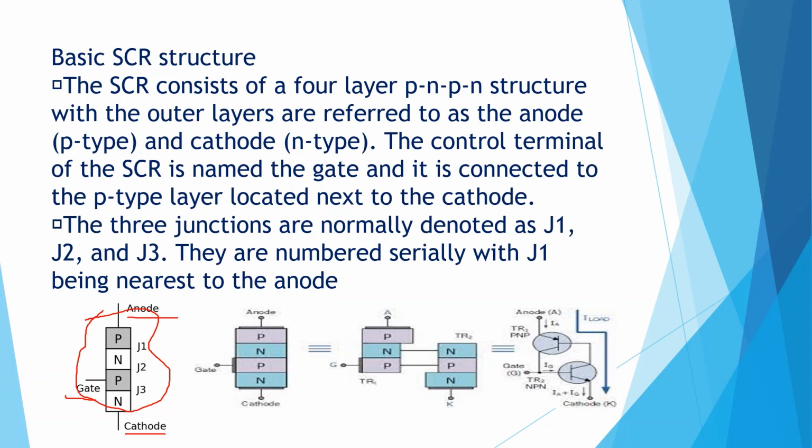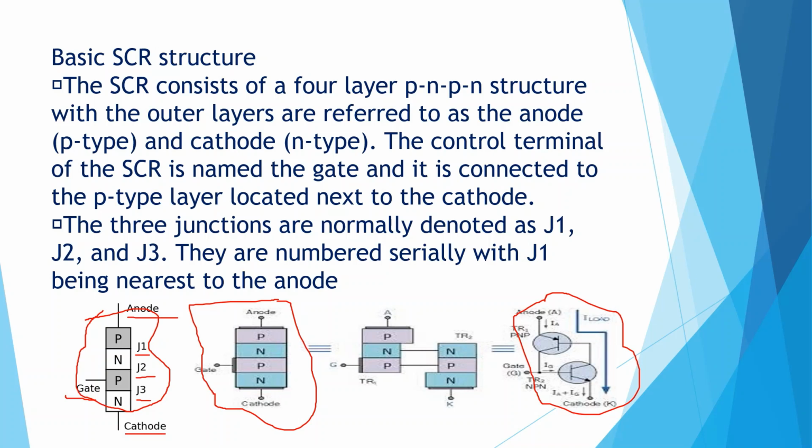The three junctions are normally denoted as J1, J2 and J3. So this is the basic construction of your SCR. This SCR can again be seen as split into two transistors, one PNP and the other NPN, as shown in this diagram.